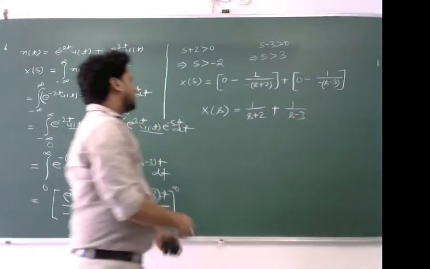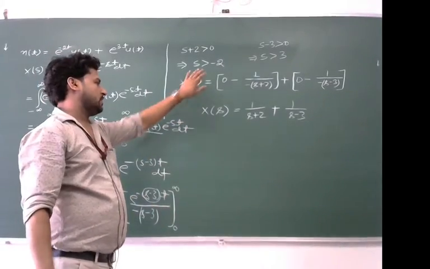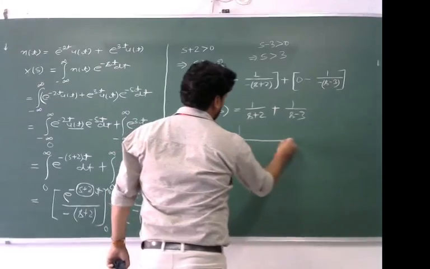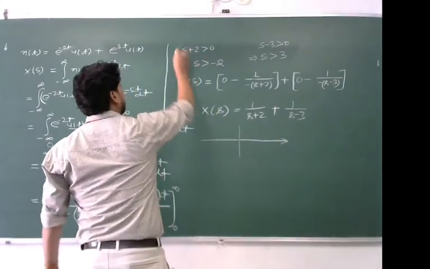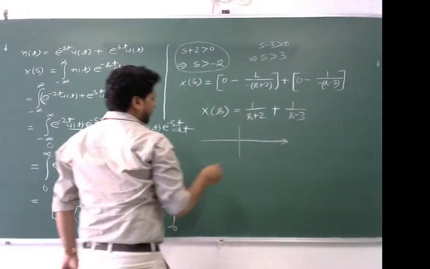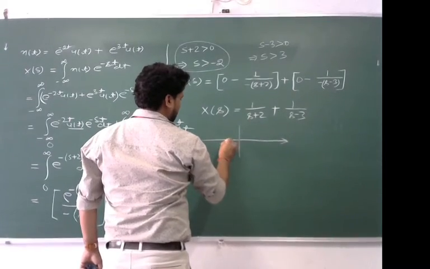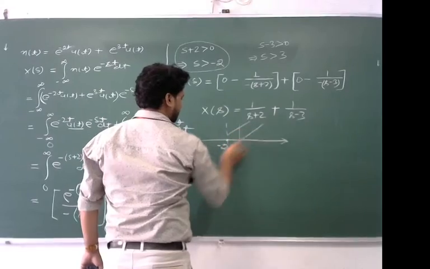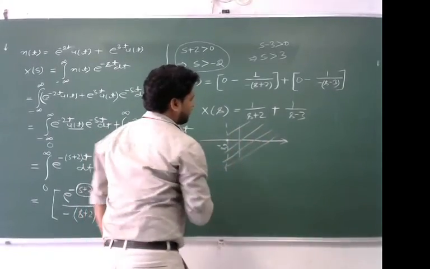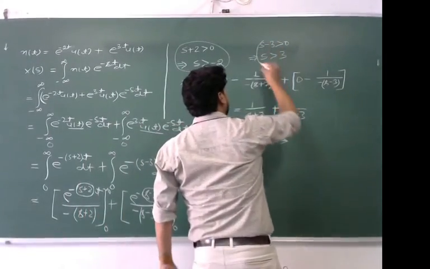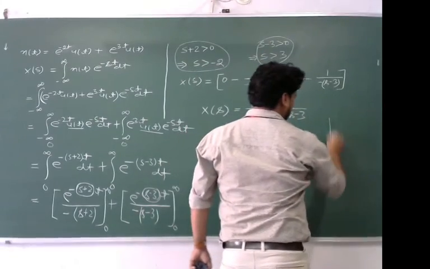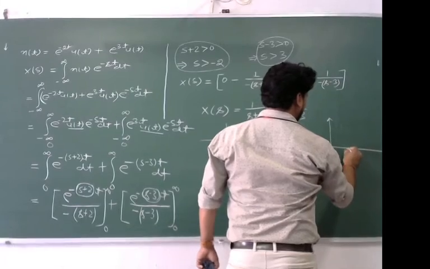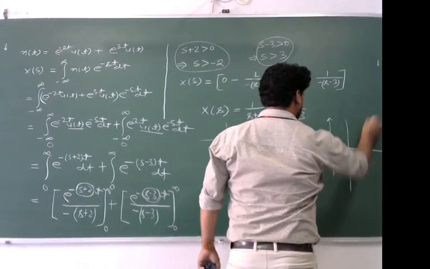But the region of convergence is important. From one relation I find that the value of s should be greater than minus 2, meaning this region. And from the other relation I get that the value of s should be greater than plus 3, meaning this region.